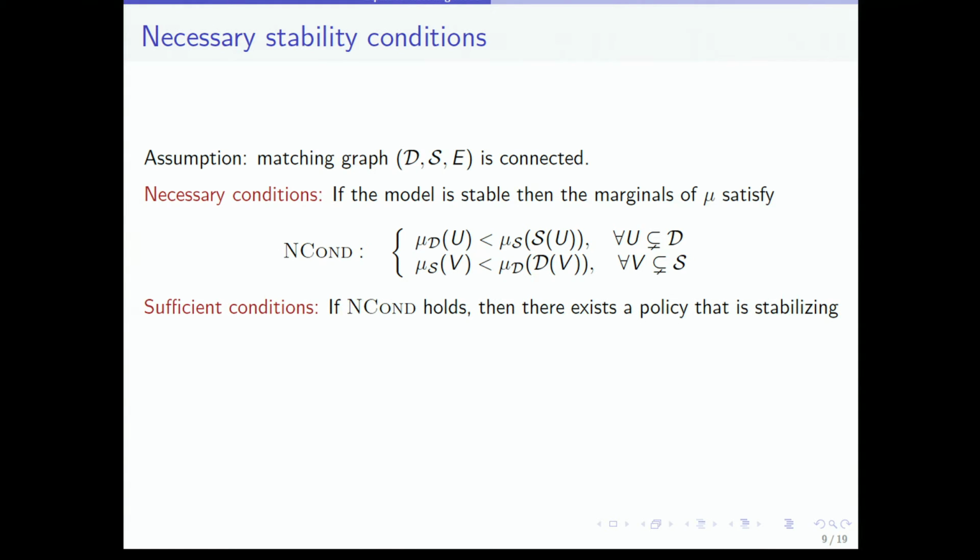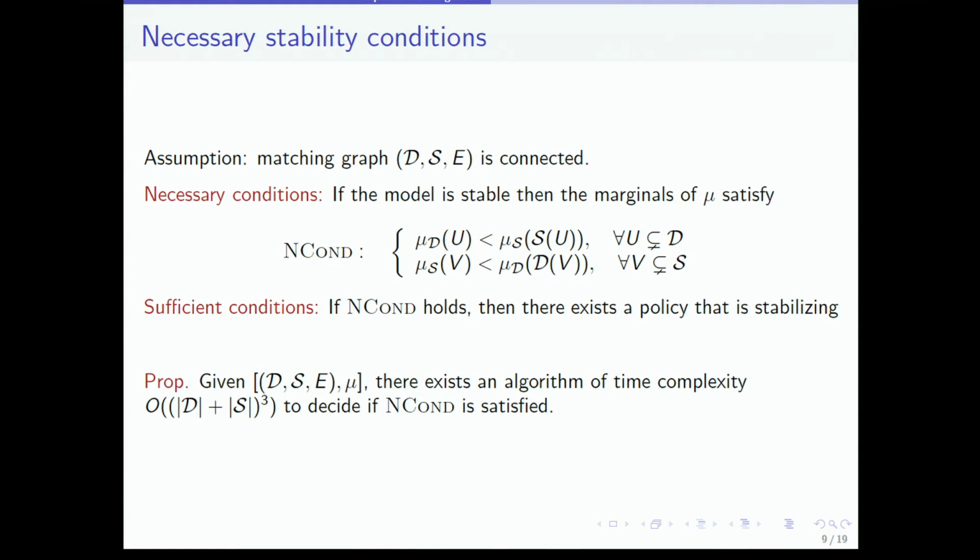Here is just to give you the form of the necessary stability conditions, and a nice side result is that it's possible to check these conditions, although there are strict inequalities, in polynomial time. So it's not always that trivial to check strict inequality conditions.